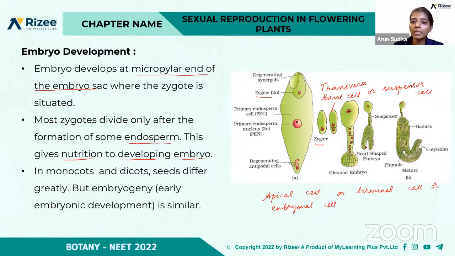So now this embryonal cell, the cell which is present at the bottom here, right? So this is the embryonal cell or apical cell or the terminal cell.